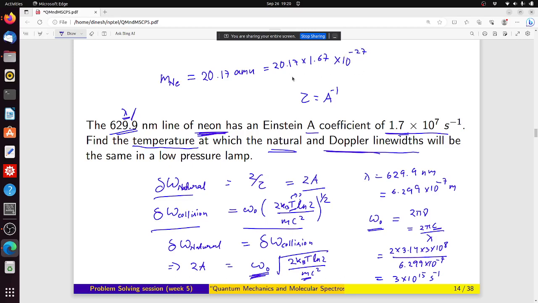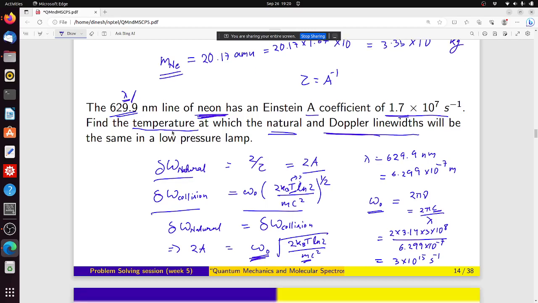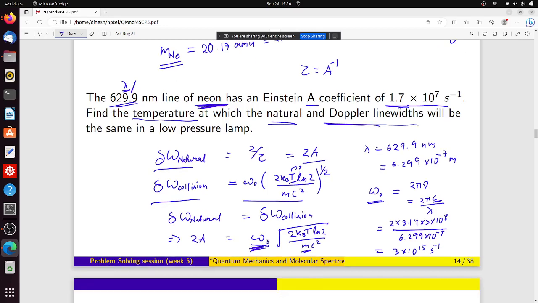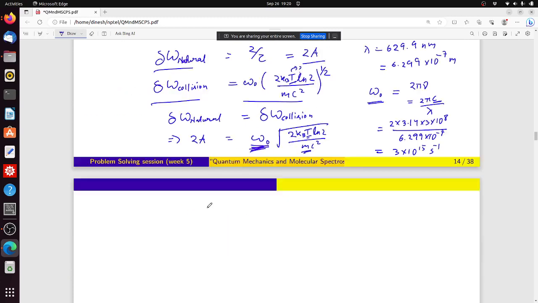Okay. Then if you multiply this, you will get the neon mass to be 3.35 times 10 to the power minus 26 kg. So mass you got, omega naught you got, and every other variable you know. Temperature you have to calculate.